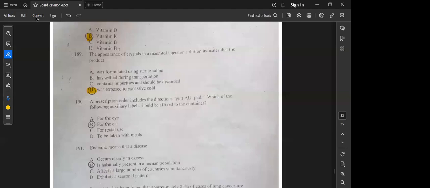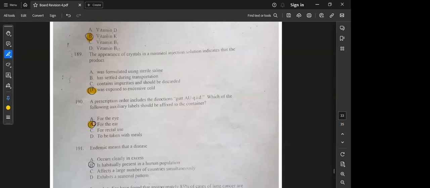Yeah, so I think the first one, AU is for ears, so both ears, and QID is 4 times a day. So I guess the answer would be B. Yeah, sorry.